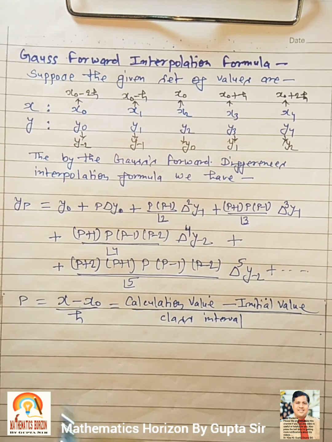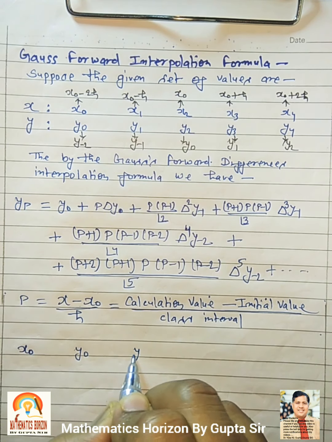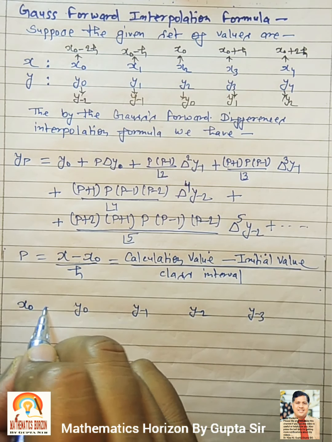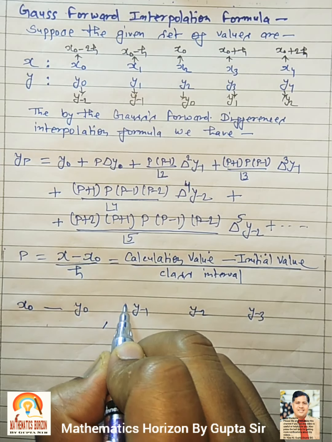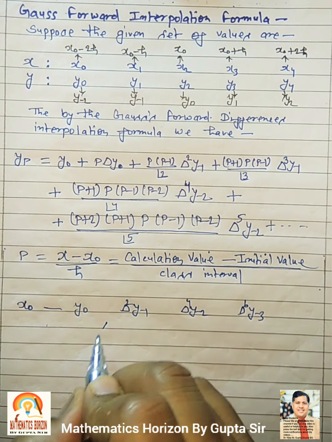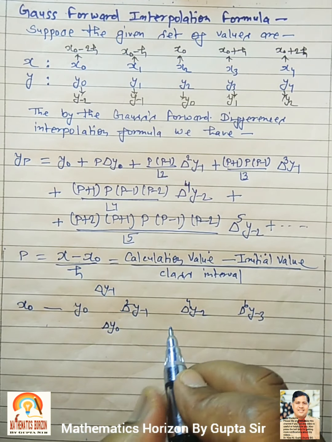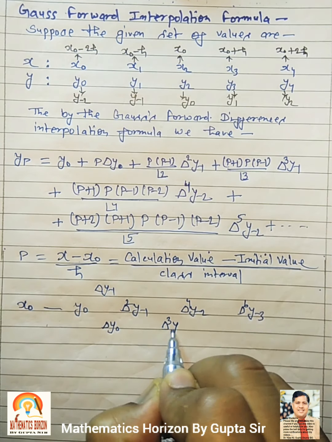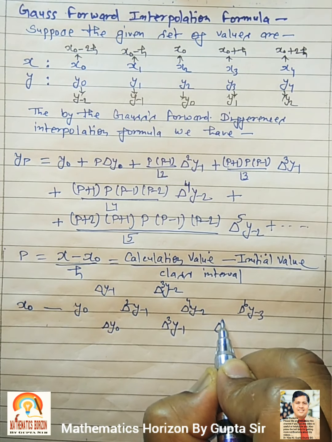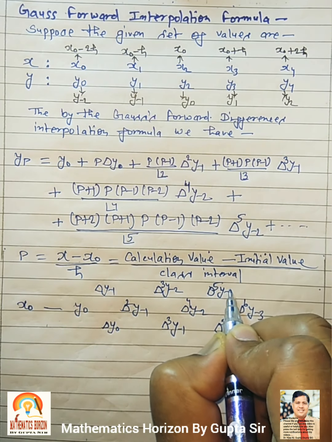Here this is our central line, x0 in front of this y0. Here we have y minus 1, here we have y minus 2, here we have del square, del 4, del 6, del y0, here we write del y minus 1, del cube y minus 1, del cube y minus 2, del 5 y minus 2, and del 5 y minus 3.